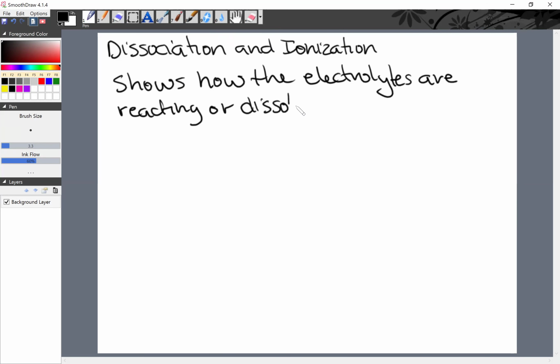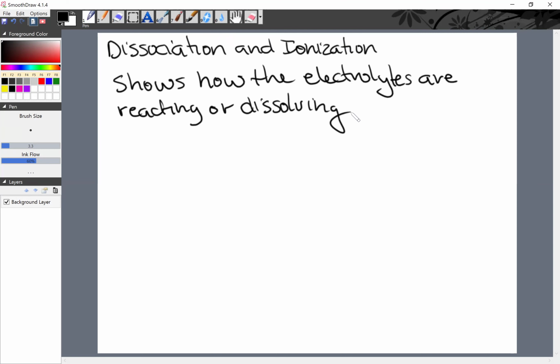That is their whole purpose. Okay, well, what are we going to do with those? Right now, nothing. So that is literally all I'm going to talk about here. It's just, can you come up with the dissociation or ionization equation?